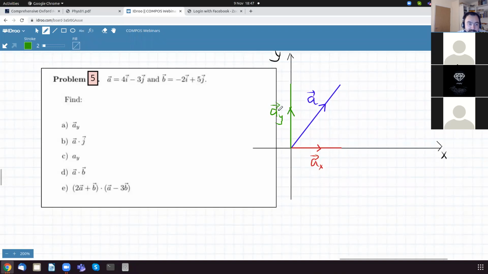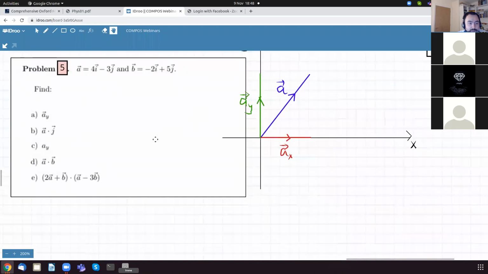AY without the vector sign is actually the y coordinate of the vector. It's the projection. Because A is 4i minus 3j, it goes 4 to the right and 3 downwards, so it's quite clear what AY is going to be.